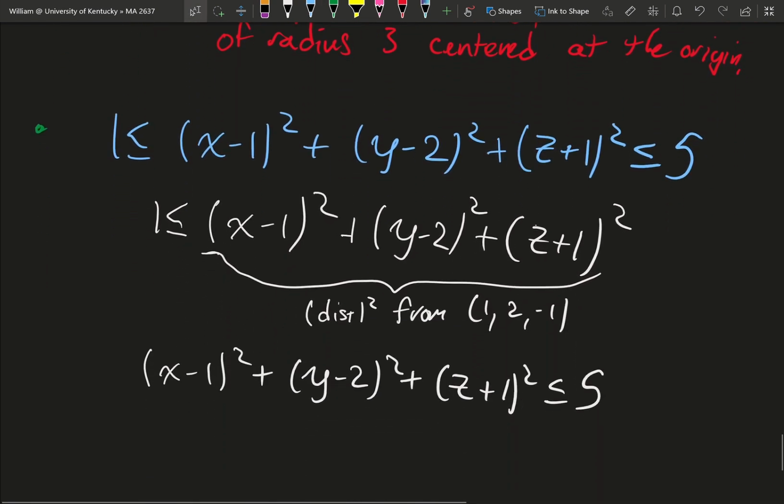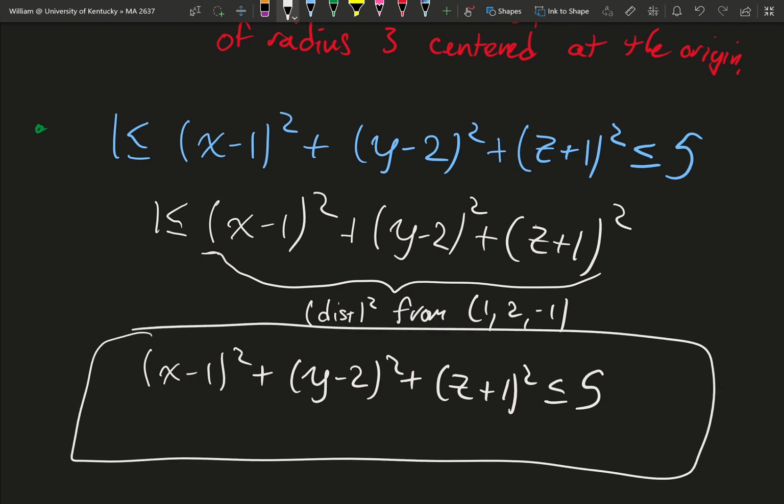Center's different. But this inequality by itself says it is a ball of radius square root of 5 centered at 1, 2, -1.